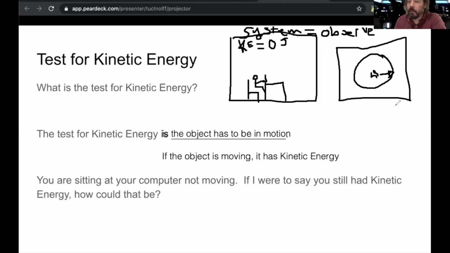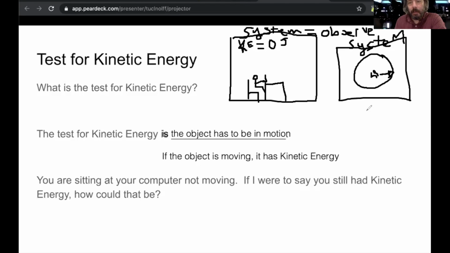Are you moving? The earth is rotating. So when we change the system, we change the context in which we are looking. You went from not moving to now you are moving. So you do have kinetic energy.